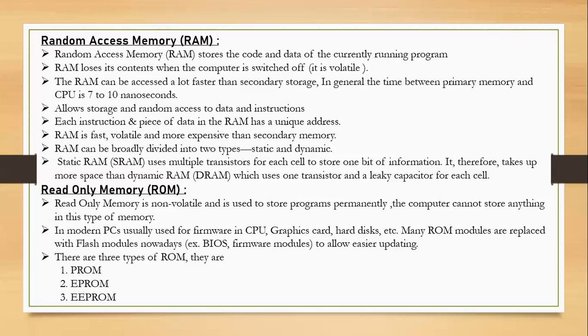In modern PCs, ROM is usually used for firmware in the CPU. ROM is an example of firmware. You have probably heard of the names hardware and software. Software is a set of instructions, a program.